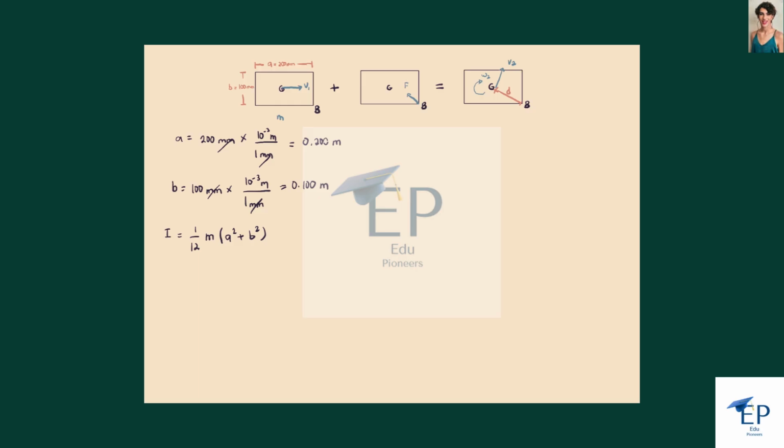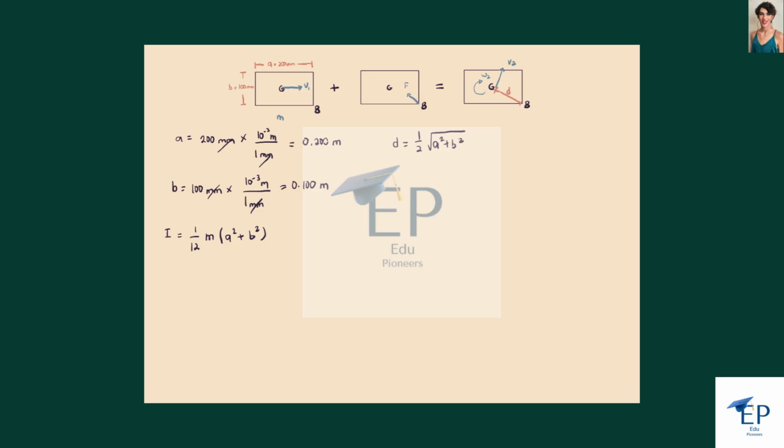The distance from point B to the center of mass G, as you can see in the last part of the sketch, is d. It is given by d equals, this is actually 1/2 of the diagonal, so 1/2 times the square root of a squared plus b squared.